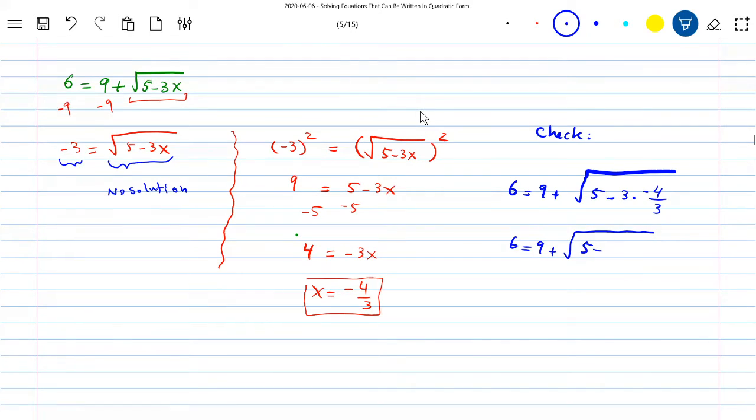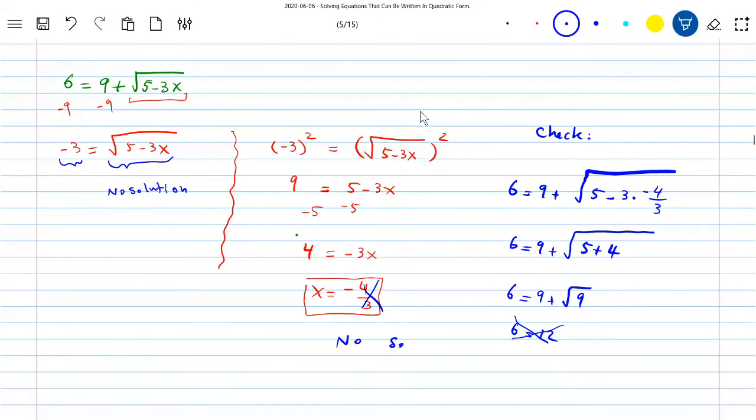The negative becomes positive. 3 times 4, 12 divided by 3 is 4. So what I have is 6 equals 9 plus the square root of 9. Square root of 9 is 3. I have 6 equals 12. As you see, you will end up with a contradiction. This is not possible. By checking that solution, I cannot accept it.